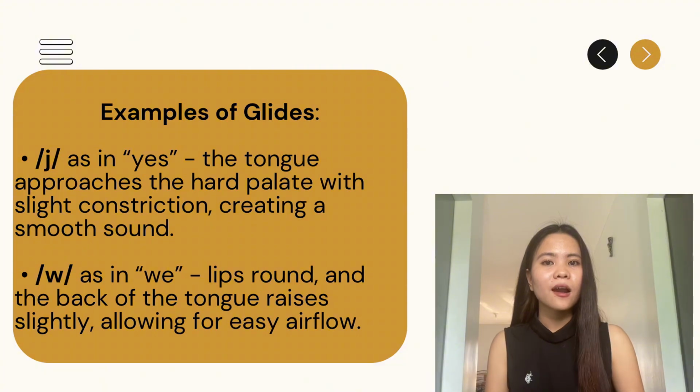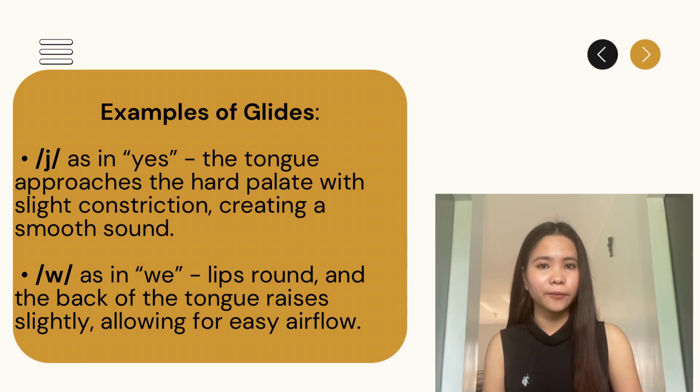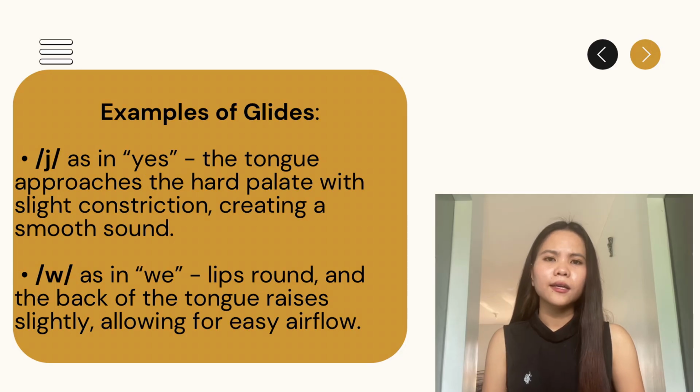The lips round while the back of the tongue raises slightly toward the soft palate, allowing for an easy flow of air. In glides, the airflow is barely constricted, making them sound similar to vowels.